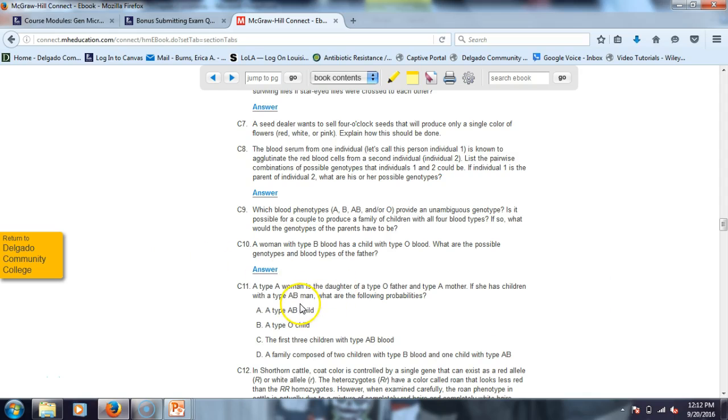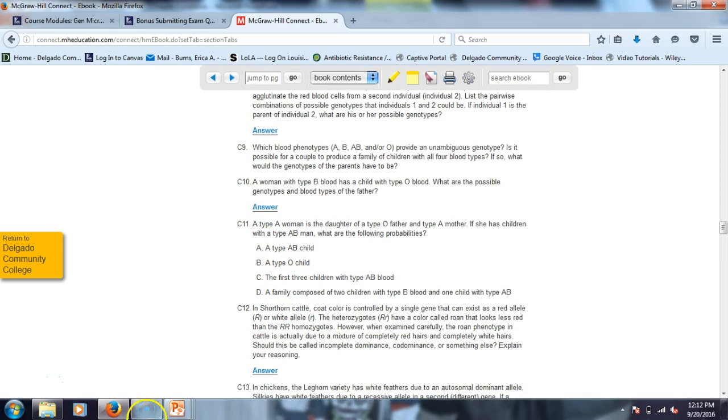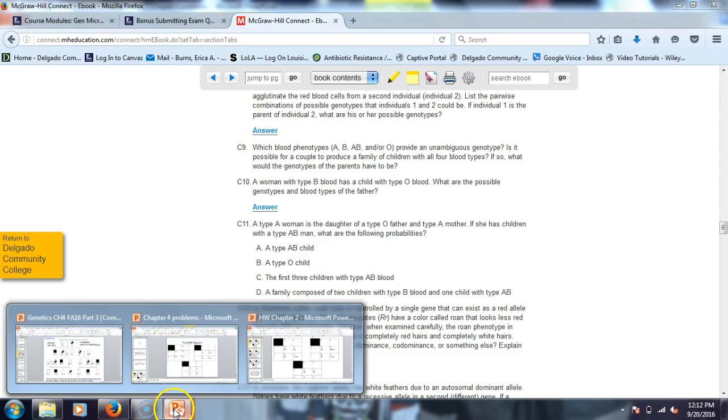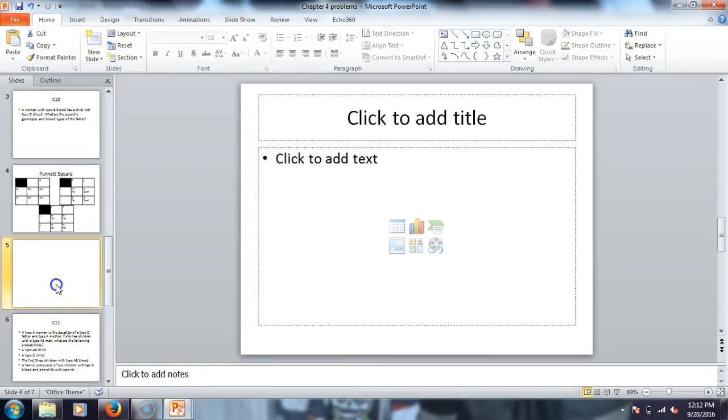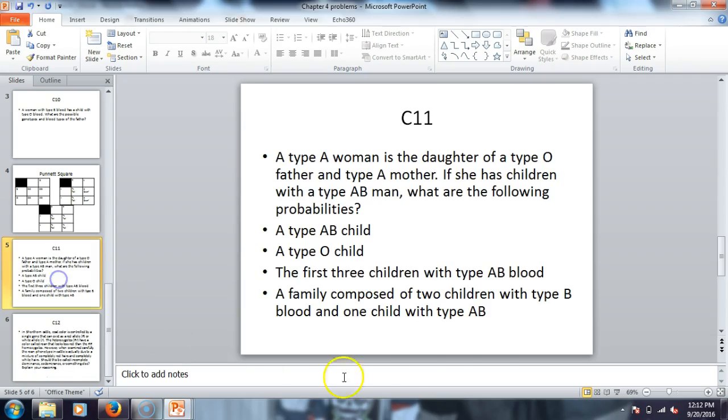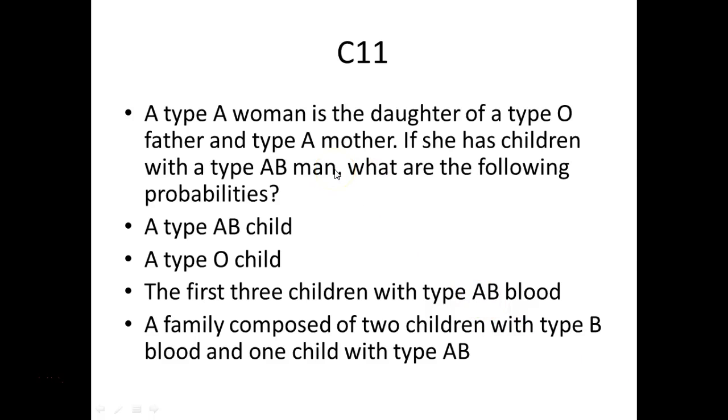Okay, you guys are going to like this next one. Number 11. So, a type A woman is the daughter of a type O father and type A mother.